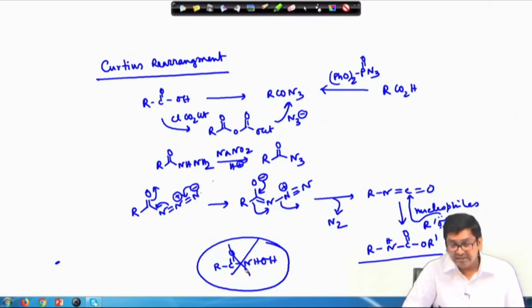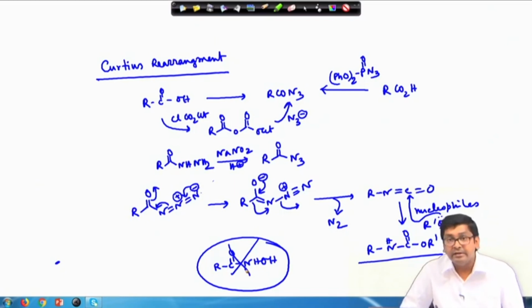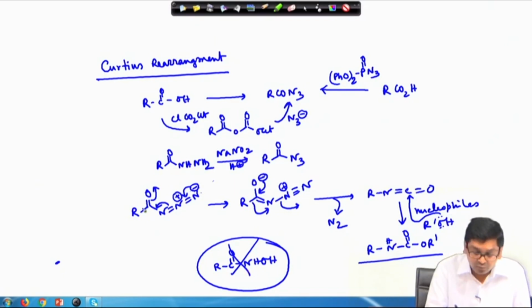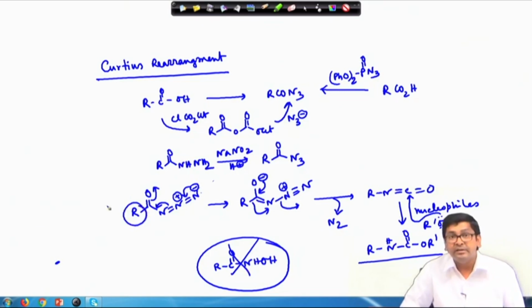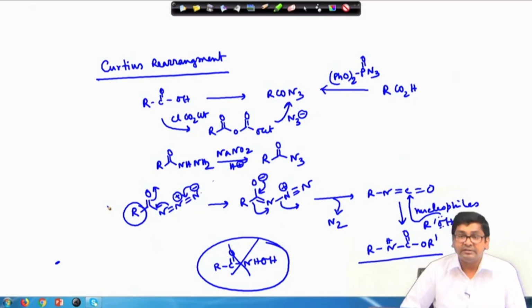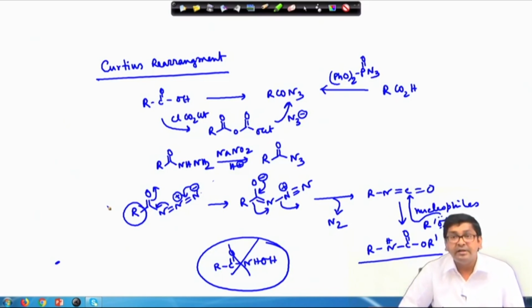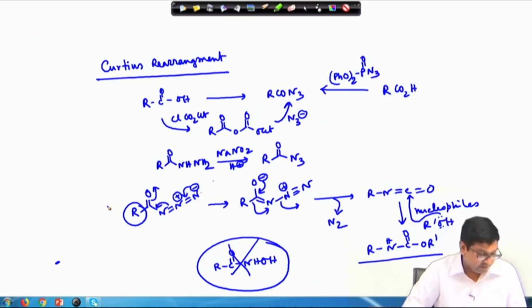Additionally, it has been found that if this R group is chiral, then after the 1,2 migration it retains its configuration. That means this reaction is definitely happening through a concerted manner.